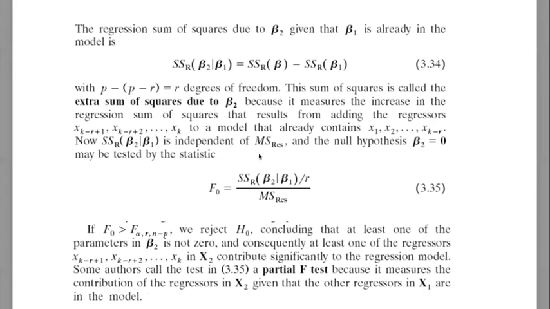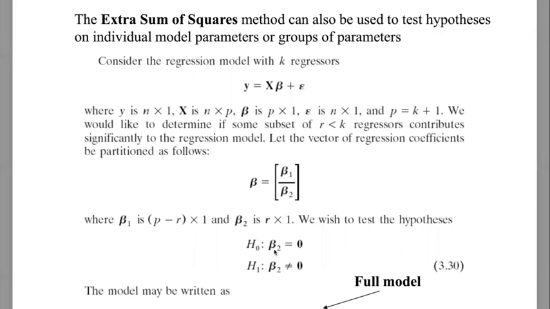And so what that means is that if we divide that extra sum of squares by its degrees of freedom, which is r, and then divide that quantity by the mean squares error for the full model, then we again have an F statistic that we can use to formally test the hypothesis that beta 2 is equal to 0.